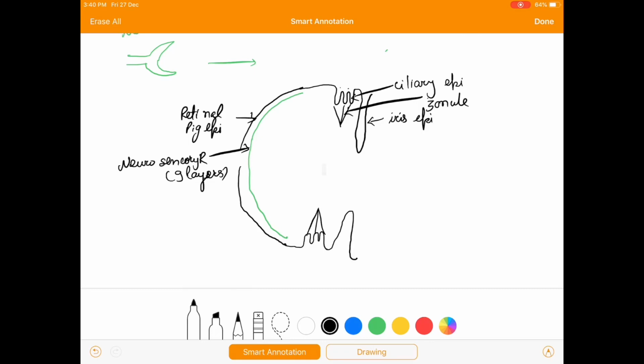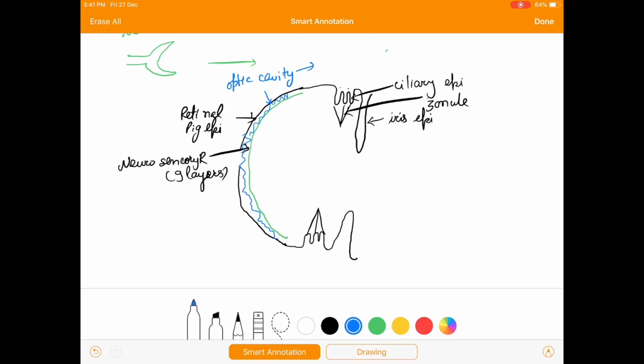Between this inner lip and outer lip, we have a space. This space is the optic cavity. Okay. This optic cavity is a potential space which can lead to further complications and is the most common site for retinal detachment to occur.